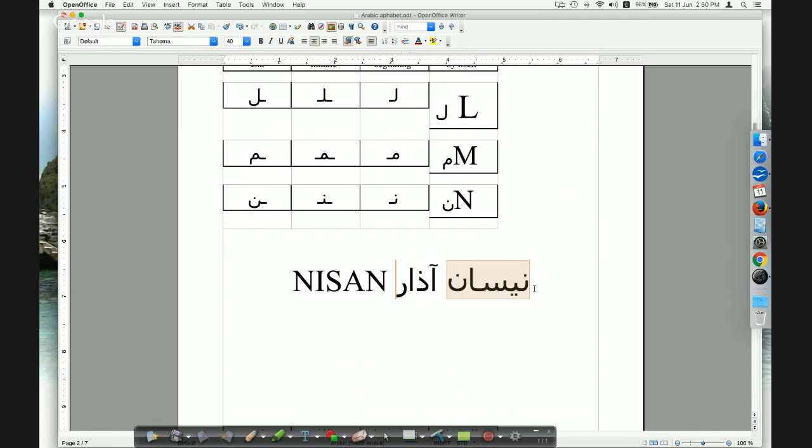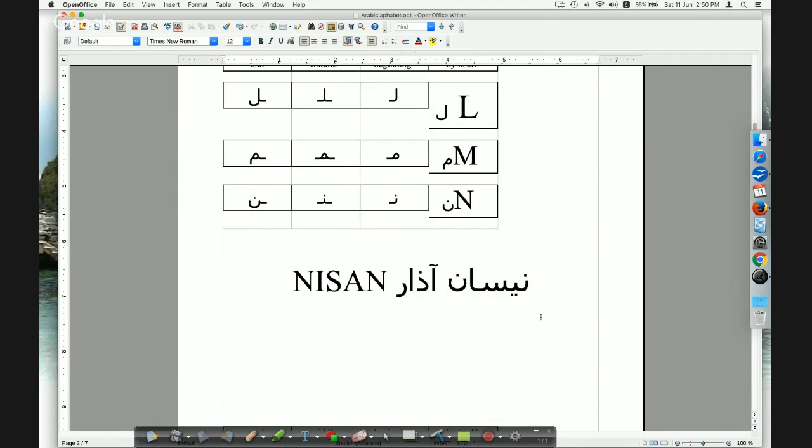Now you see here the first letter is na. This is in the beginning, and it is not really something difficult to do. Just try to find out the letters of the word, even if you never wrote the word before, and then just connect them.